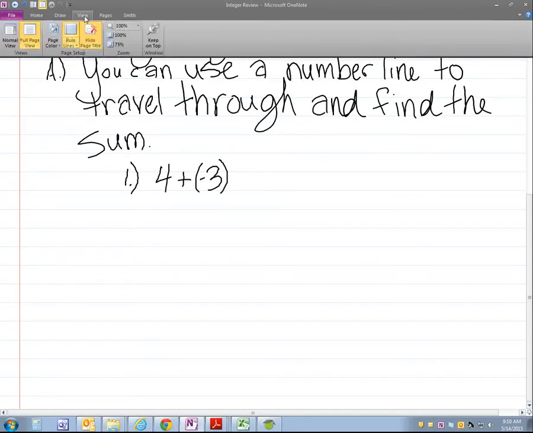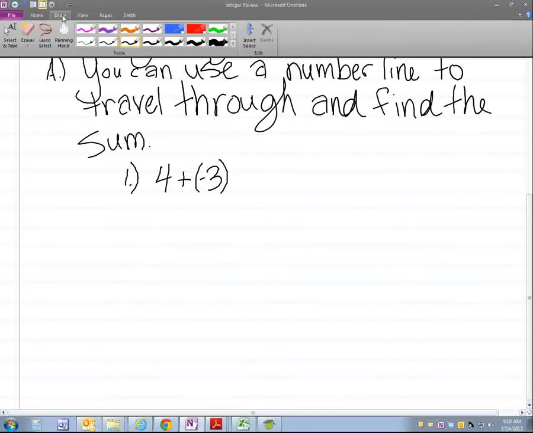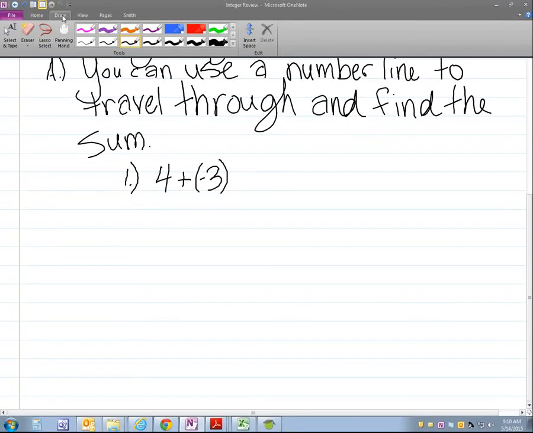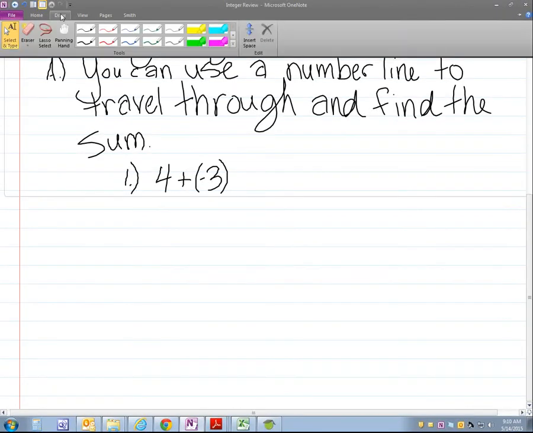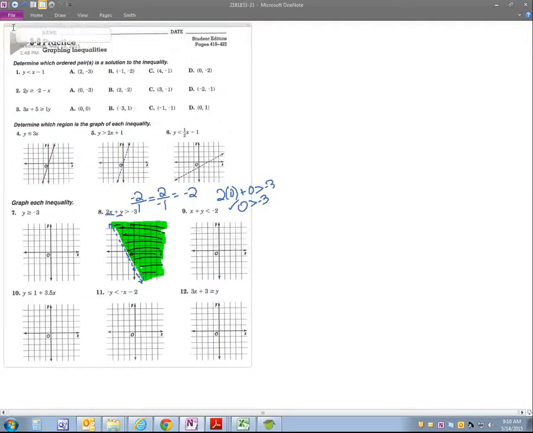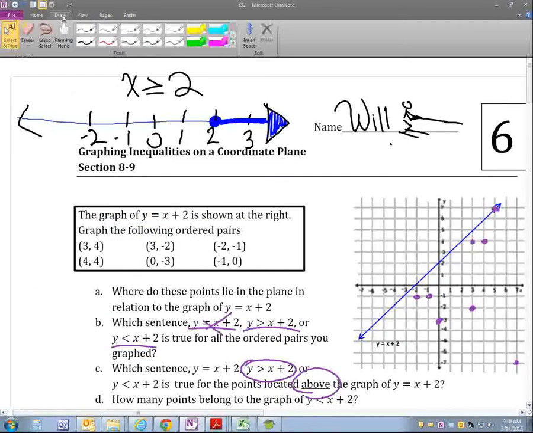So then we are going to create a number line. I understand why sometimes I can draw a line, and sometimes I can't.